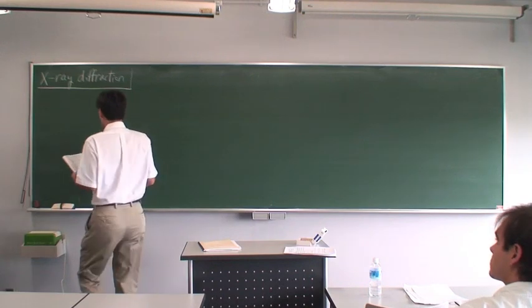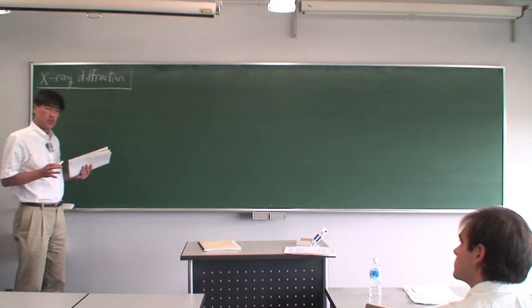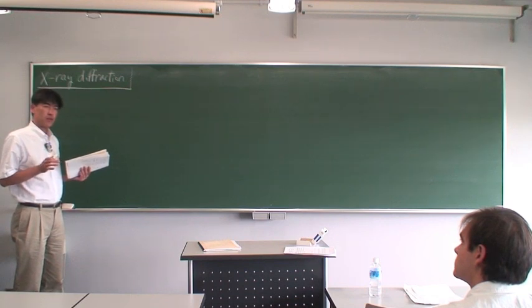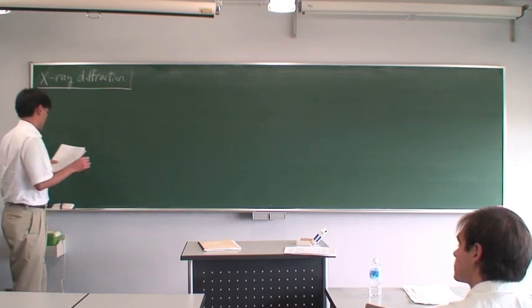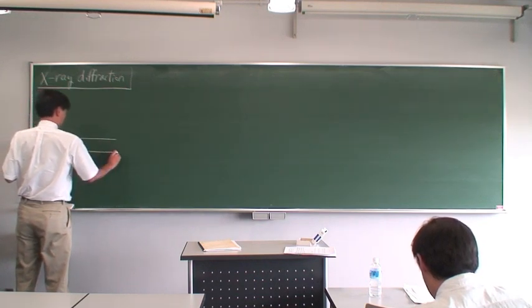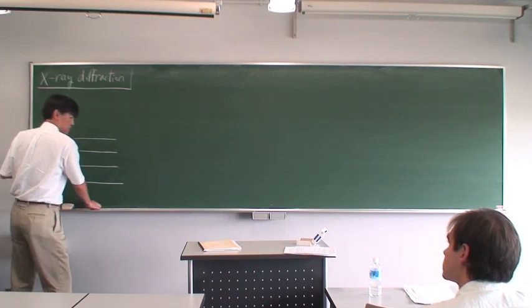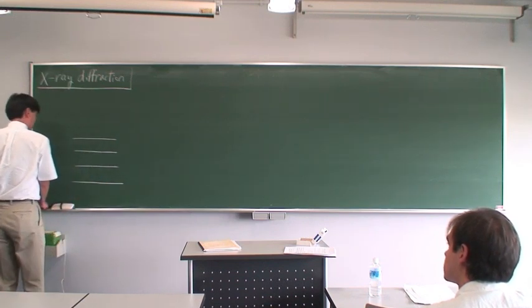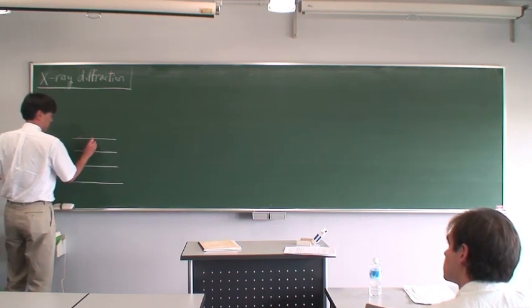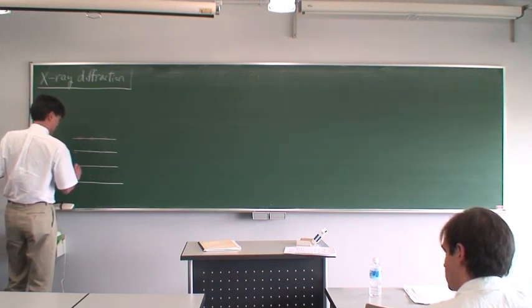So there are two ways of treating X-ray diffraction. The easiest and also empirical way is that we think about lattice planes. Lattice planes means it's a plane with an array of atoms, for example.